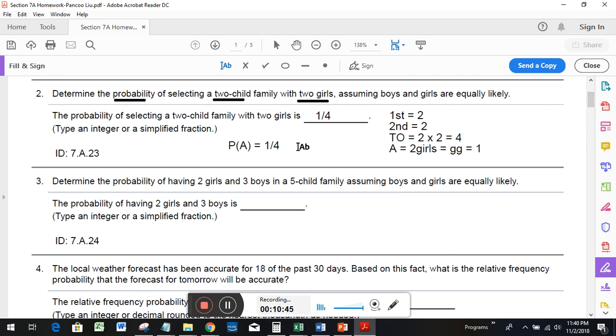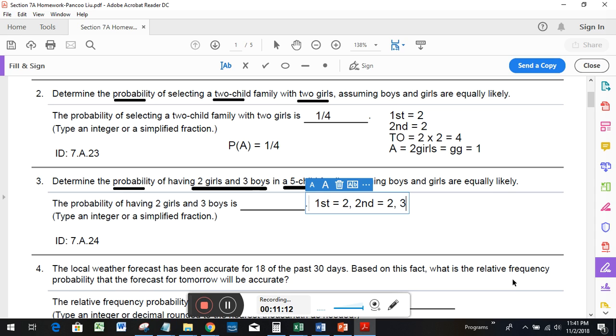Let's do number 3. Number 3 is similar to number 2. It says determine the probability of having 2 girls and 3 boys in a 5-child family. So here, again, your first child, you have 2 choices. Second child, 2 choices.